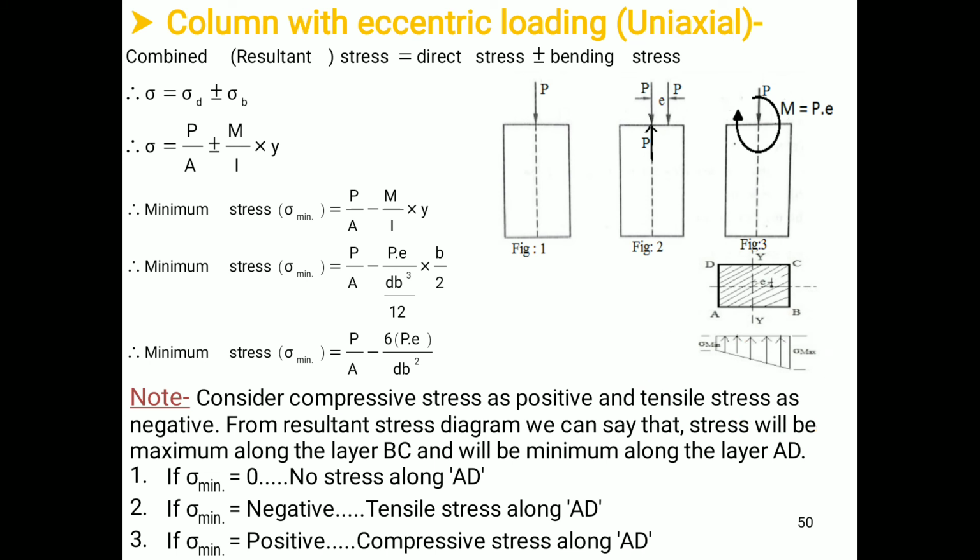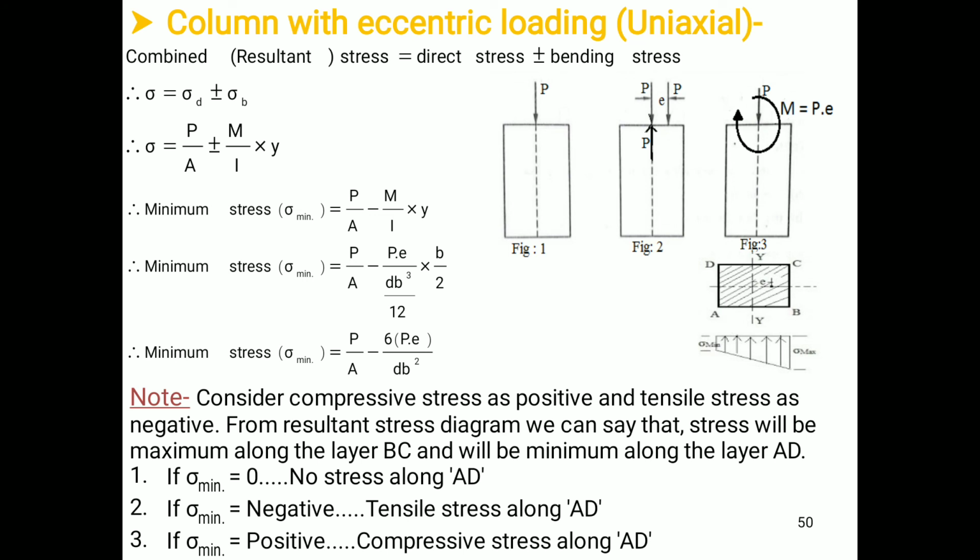Therefore from the resultant stress diagram we can see that the stress will be maximum along layer BC. Along this layer BC, the stress will be maximum because we have the load eccentric about the y axis and it is acting along the BC side. Therefore that particular side will be under extreme stresses, and this particular fiber, AD, will be under minimum stress condition.